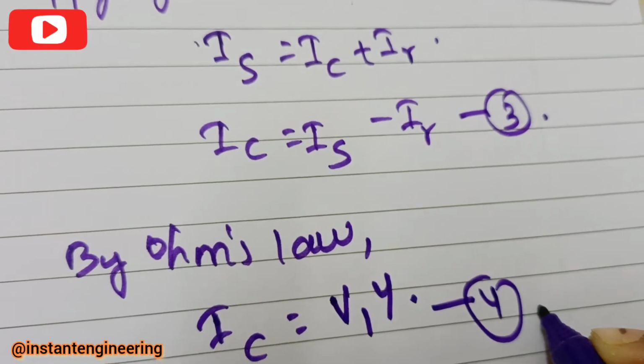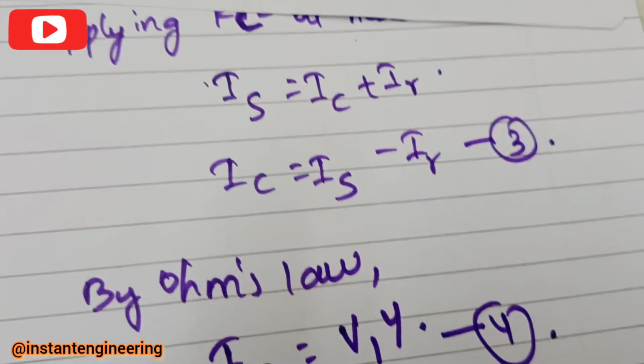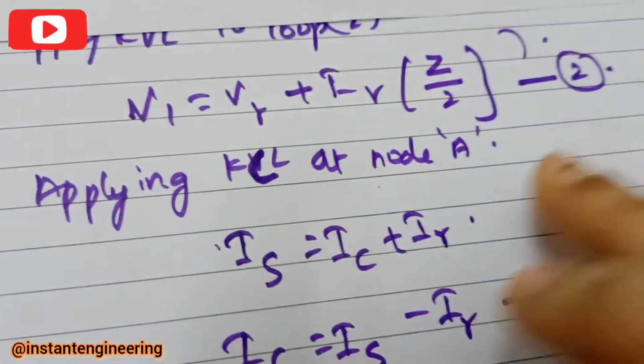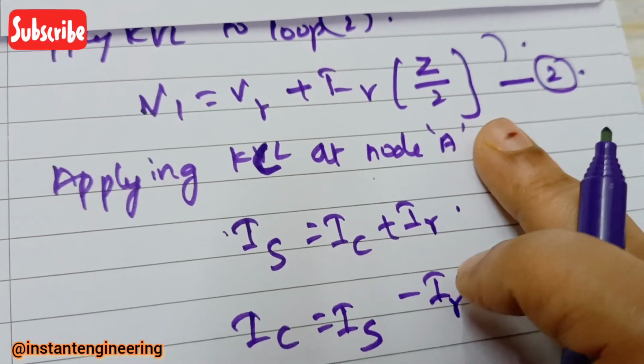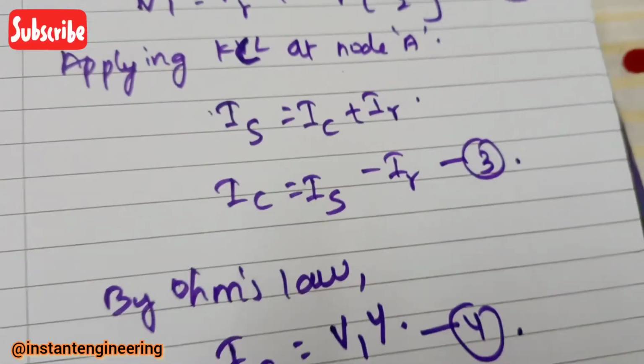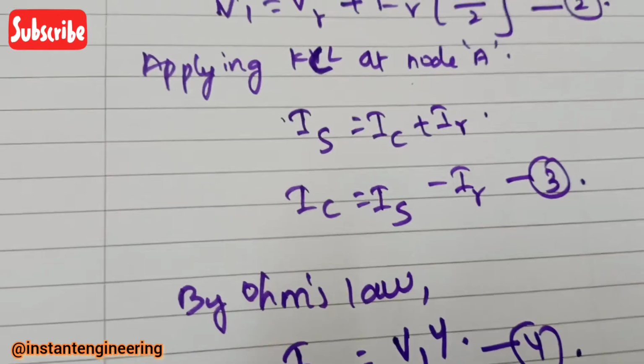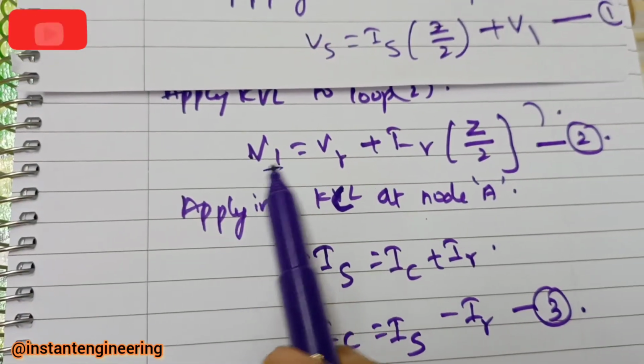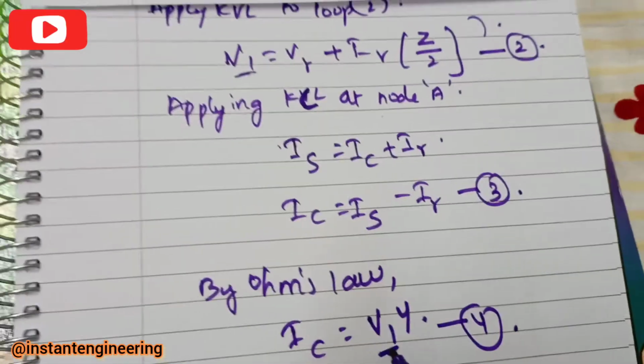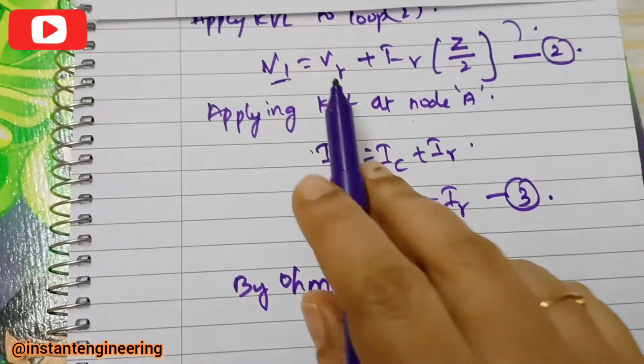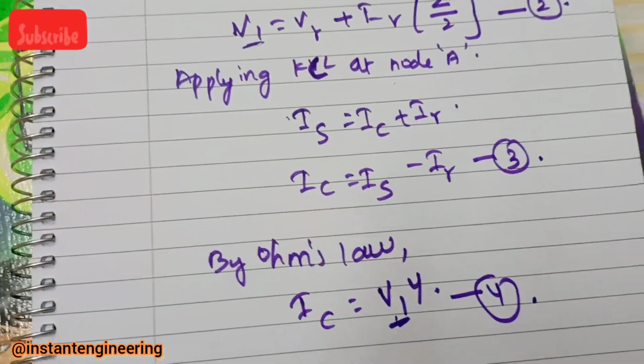Alright, so I consider this as equation 4. Now what you do is substitute equation 2 in equation 4. See, here we have V1, right? This V1 and this V1, you have to just substitute over here.